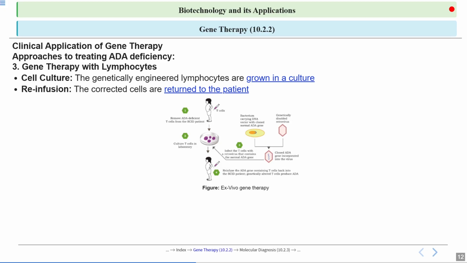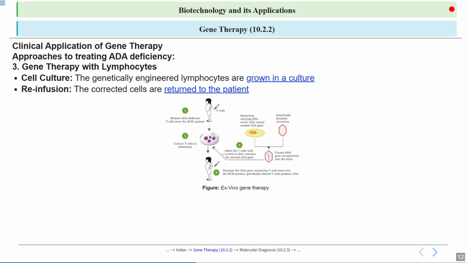First we took the lymphocytes from the patient and cultured them. In parallel, using recombinant DNA technology, we took our gene of interest, the ADA gene, and used a retrovirus as the vector. The retrovirus carried the functional ADA gene to the lymphocytes, and the lymphocytes were transformed.